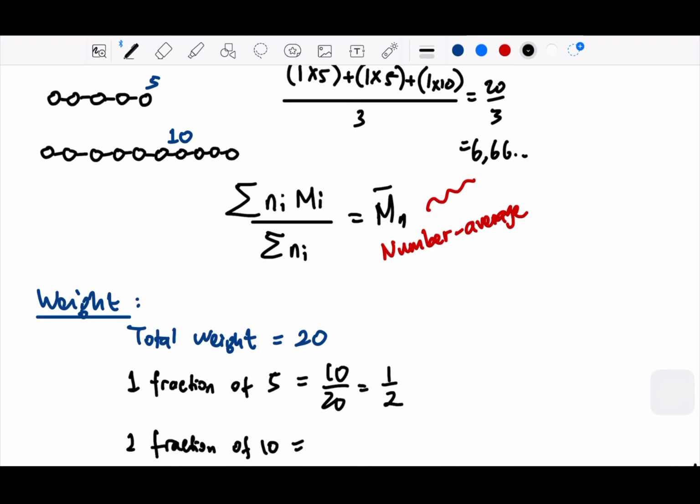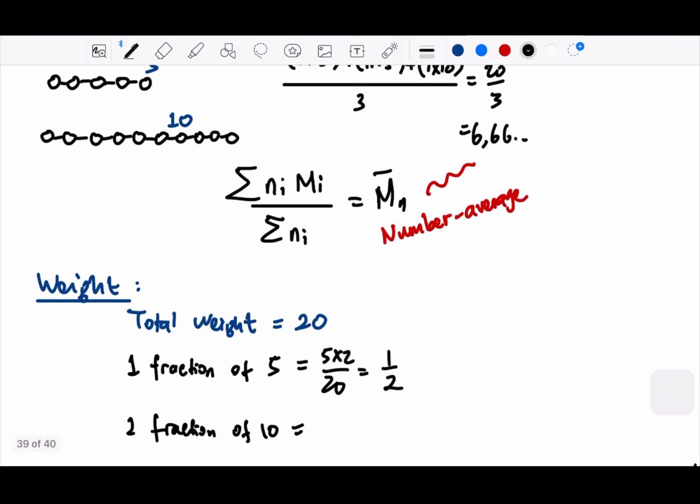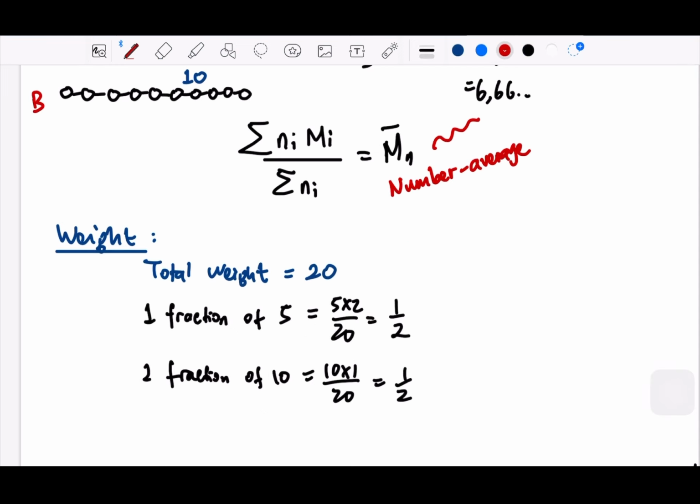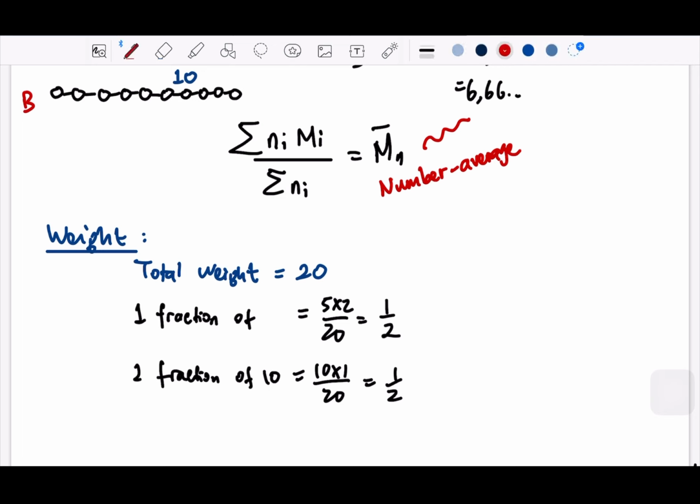So it is 10 over 20, right? Or maybe let me write here that this is 5 by 2, and for 10 is 10 by 2 like that, and it's also half. So the fraction of 5, or maybe let me name this because it will be confusing. Let's say this is A and this is B. Fraction of A, and this is fraction of B.